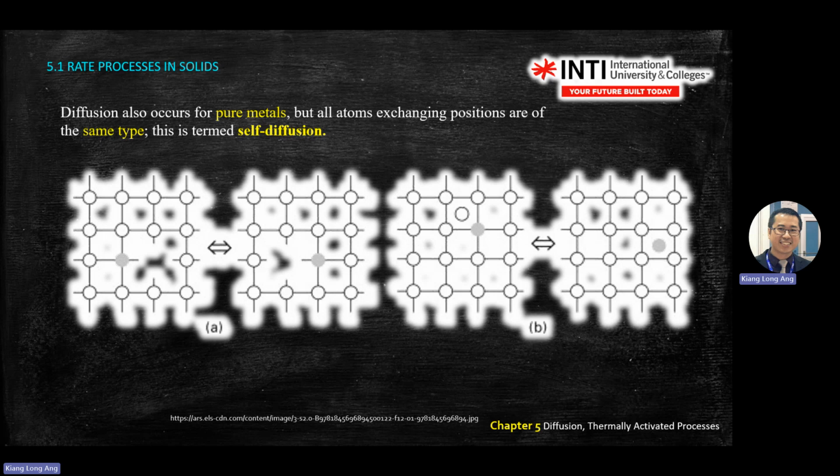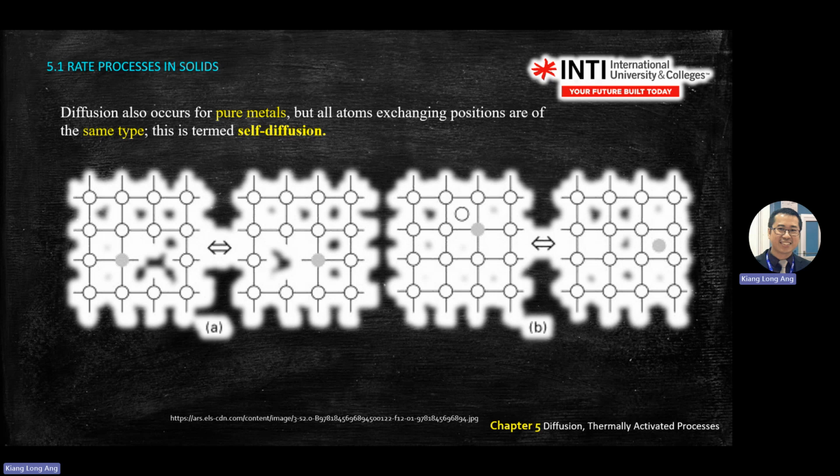So, how does self-diffusion happen in BCC? You need to recall 3 elements, 3 examples. BCC is a crystal structure. Okay, so there are types of elements that have a BCC crystal structure.